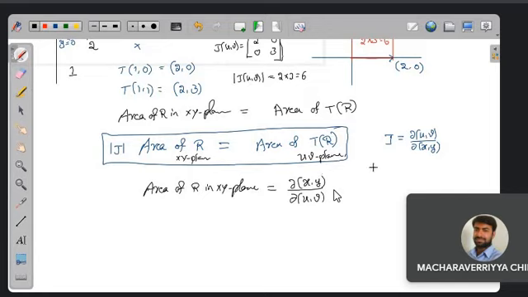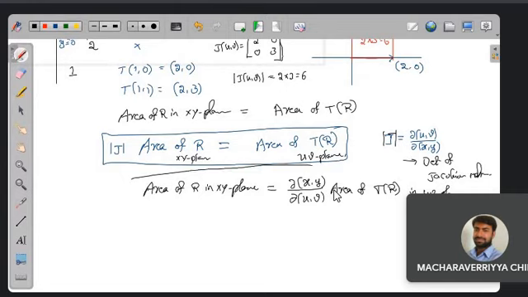This is the determinant of the Jacobian matrix, so I'll simply write J or mod J. This is not only true for linear transformations, it is applicable for non-linear transformations also.